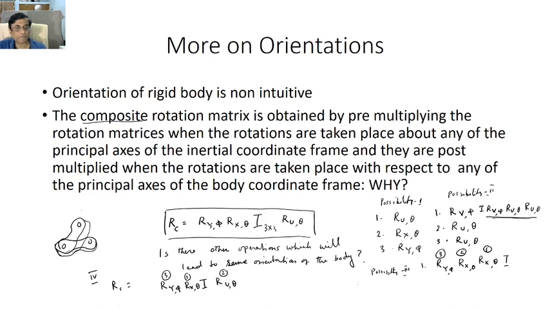So from here to here, this is initial and this is final orientation.